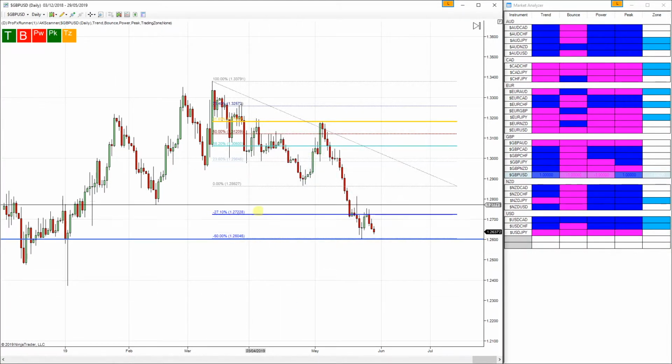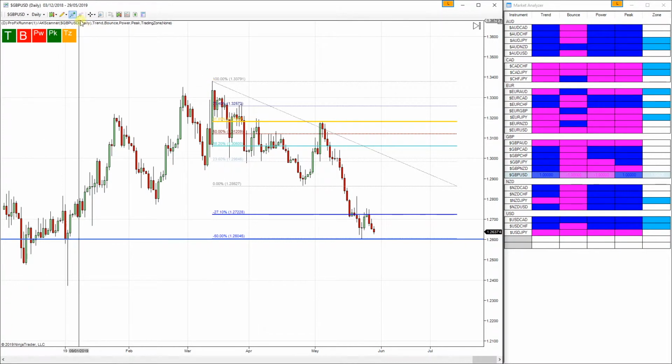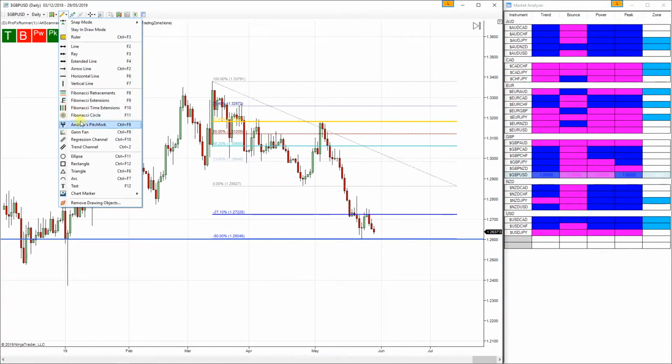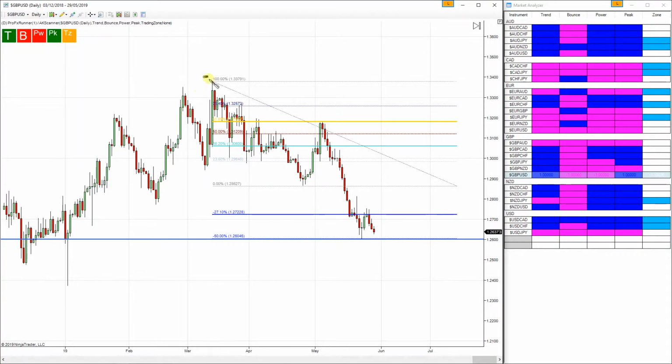You can see here, from this move, and I'm going to highlight it, from this point here and from this point here is where I created my A and B. Top of the fib, bottom of the fib at 0, 100%.